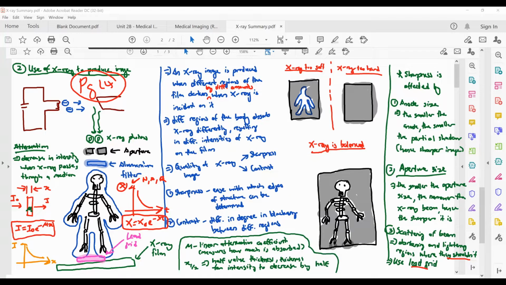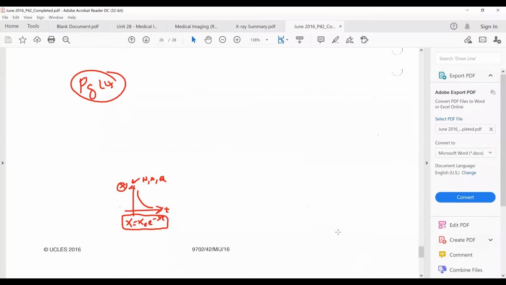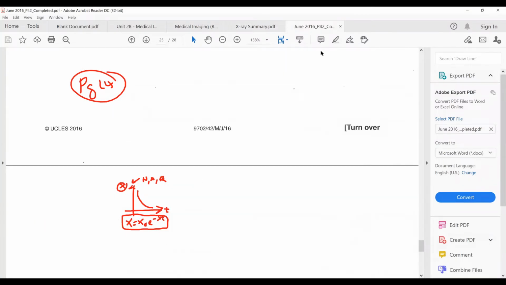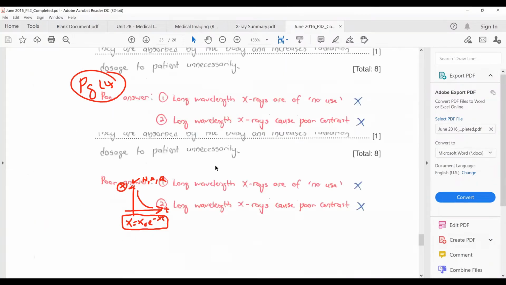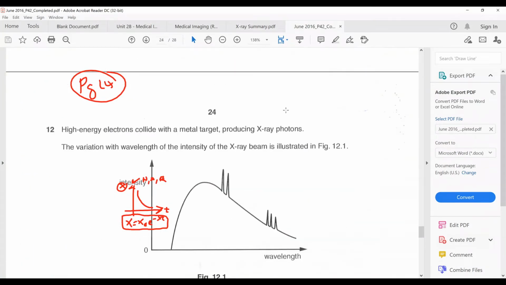All right. Page 14 is on June 2016, P42. Okay, question 12. Question 12 is this one.